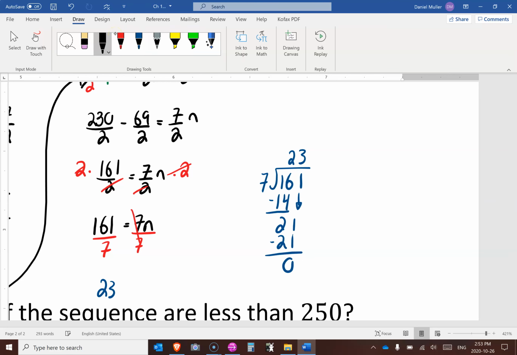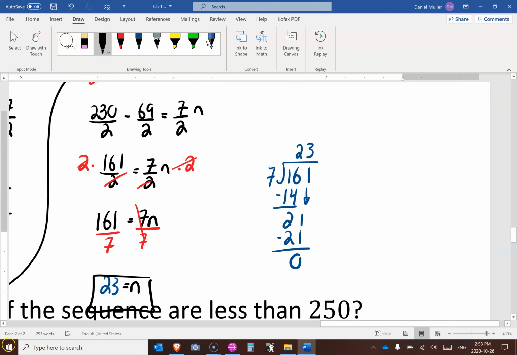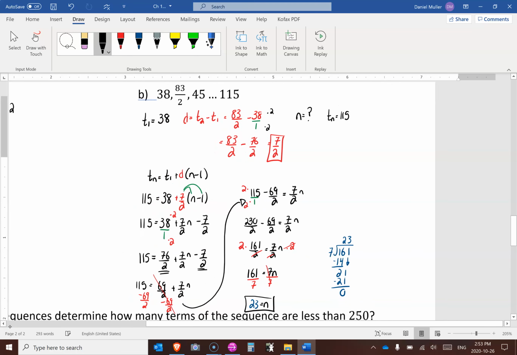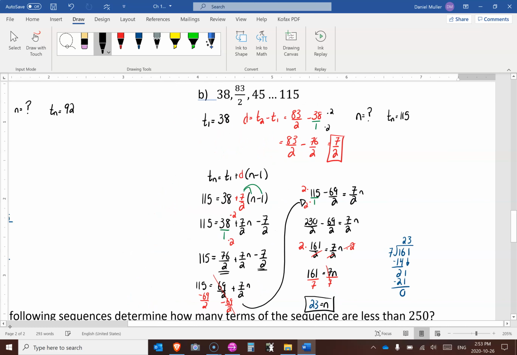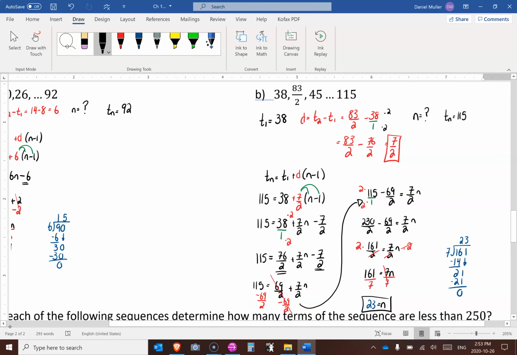So the 23rd term is what got us 115. I'll just zoom here in case you need to write anything down. But obviously there's a lot more work involved in that one, just by the nature of having a fraction of 7 over 2, because I need common denominators everywhere.